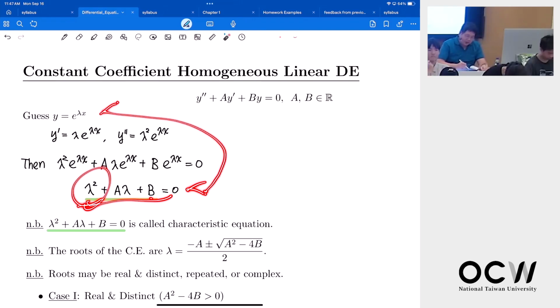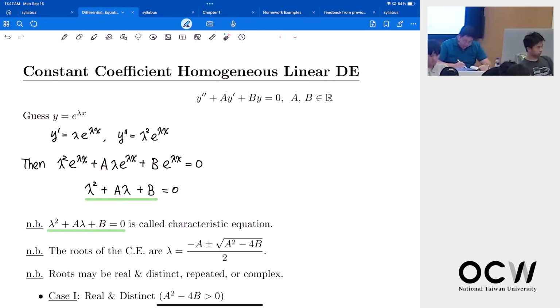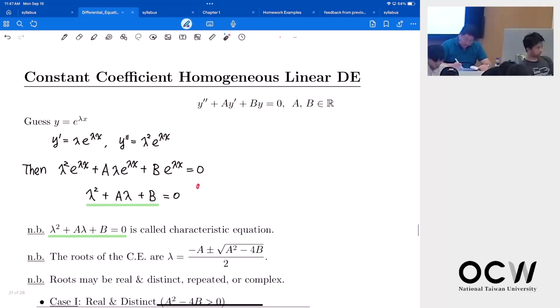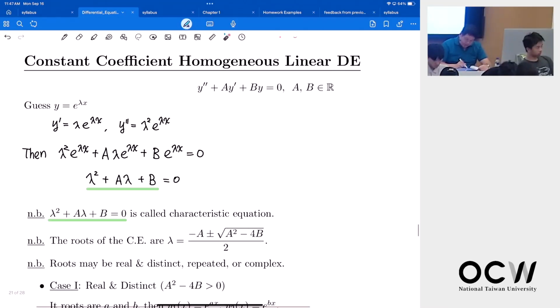Since it is a quadratic equation, we have two answers. That's why we have y1 and y2, because we have two different lambdas. With this characteristic equation, we can find the roots. Lambda should be, as from junior high, minus a plus or minus the square root of a squared minus 4b, divided by 2.